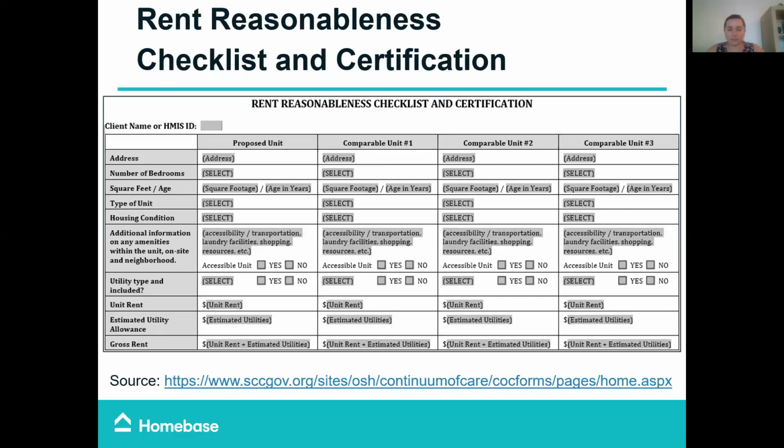Also on that webpage is a one-page user guide for this form to help explain all of the various units within the form. For now, we're going to focus on the top half, which enables you to compare the proposed unit, so the unit that your client would like to rent, with 3 comparable units. You'll compare them, as Nicole mentioned, for things like the number of bedrooms, the type of unit, if it's a single family home or an apartment, for example, the condition of the housing, and any utilities or amenities that are included. So let's get started.